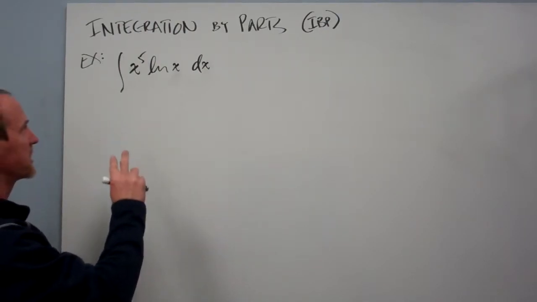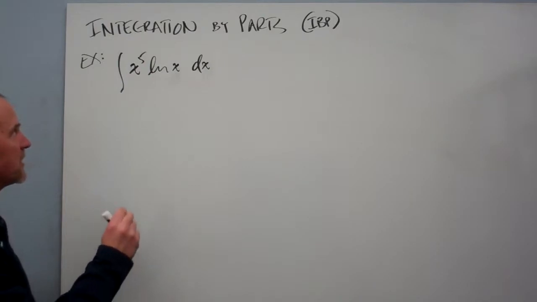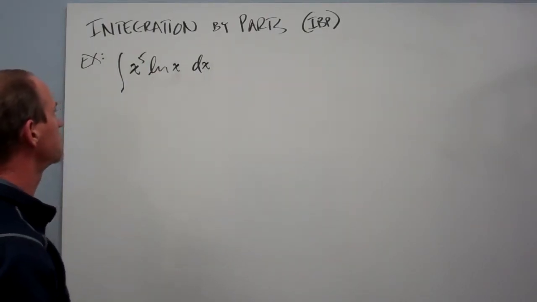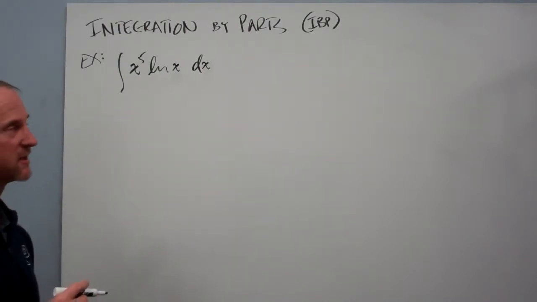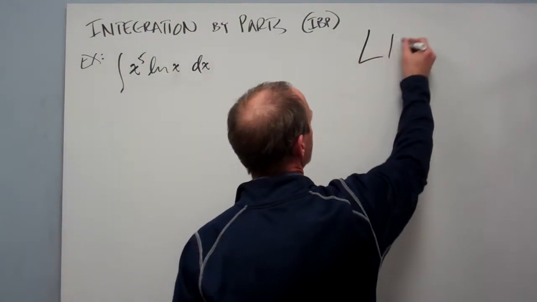But what we're going to do is like a double substitution with u and v, and we need to decide what part is going to be our u part and what part is going to be our v part. And I think that it's pretty handy to have a little mnemonic device to help us keep track of this, and it's LIATE.